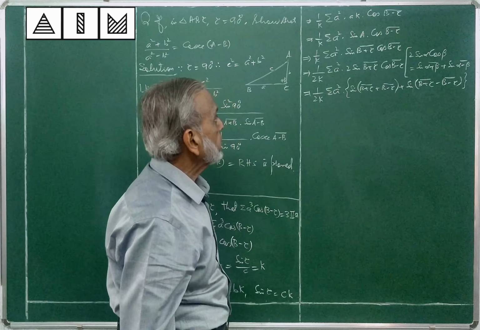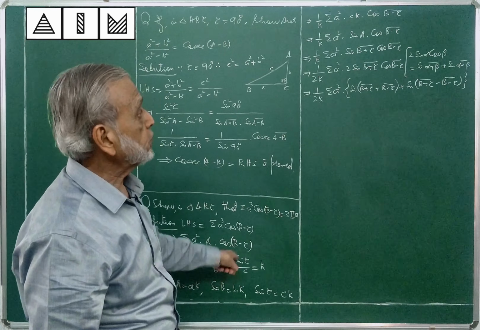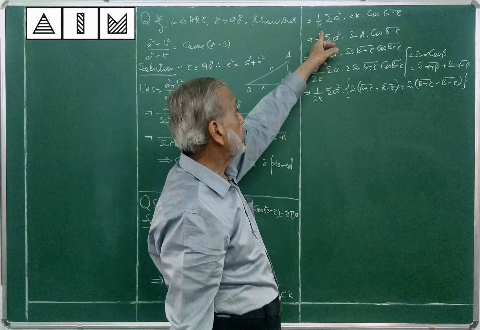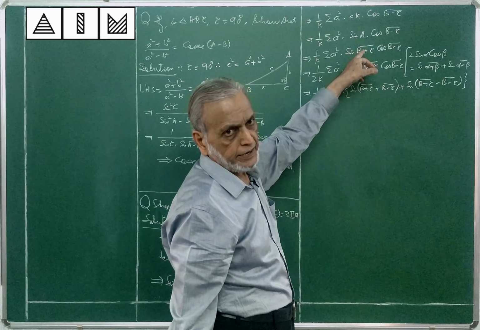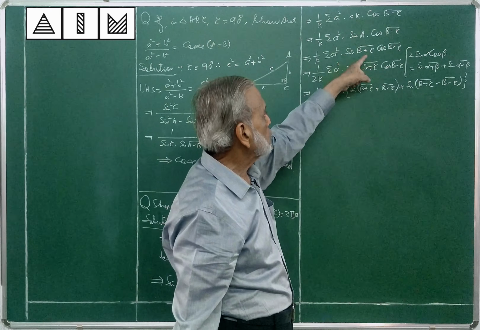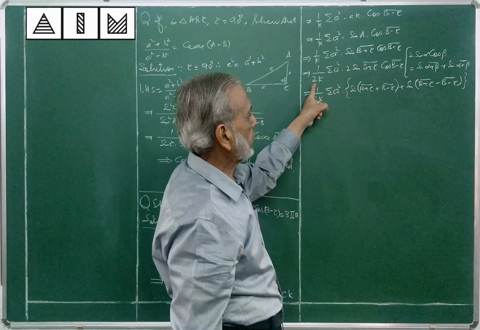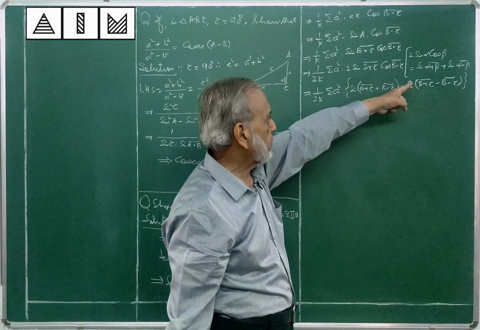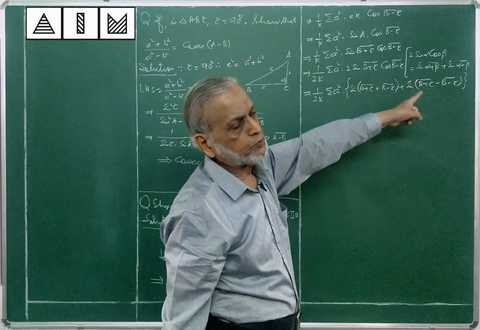Once again, quickly: 1 by k, Σ a² into a cos(B − C). a is written as ak by providing one k here. So 1/k Σ a² sin A cos(B − C). Sin A is sin(B + C). So 2 sin(B + C) cos(B − C), taking one more 2 here. So 1/(2k) Σ a² 2 sin α cos β, that formula sin(α + β) + sin(α − β).